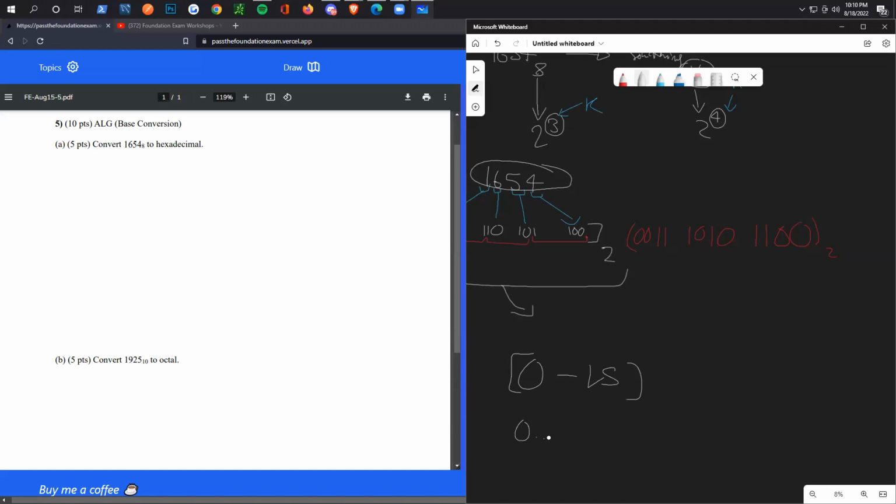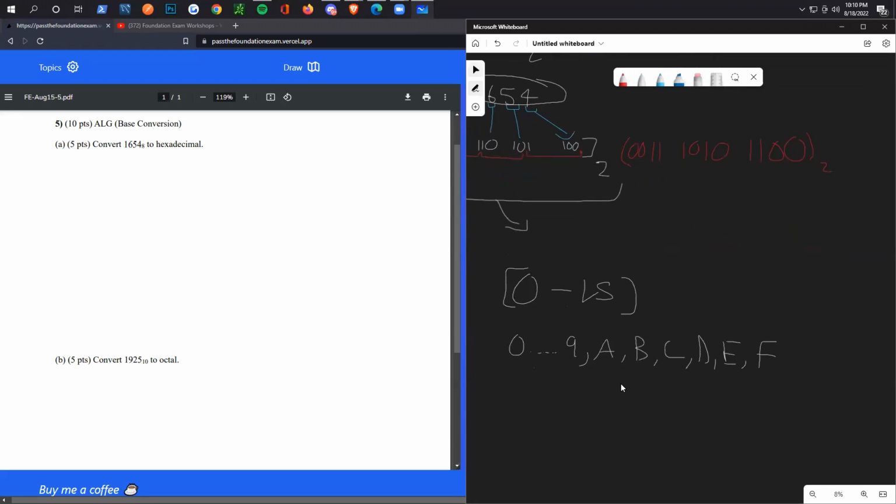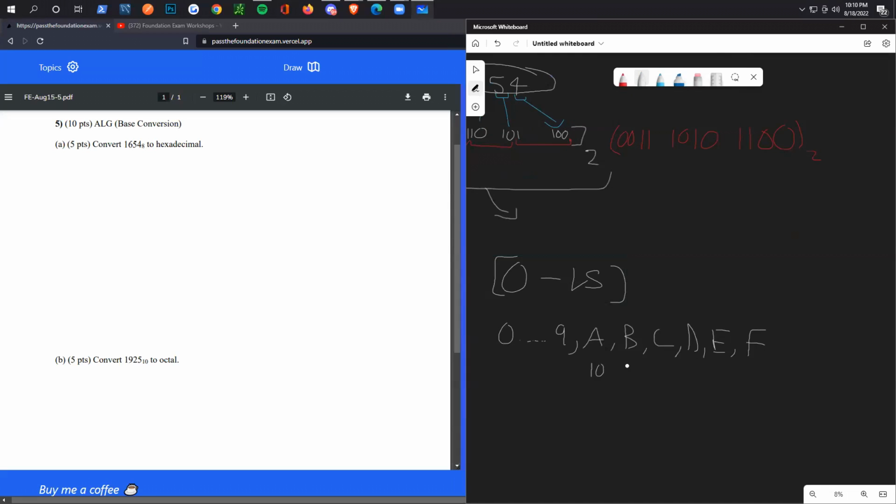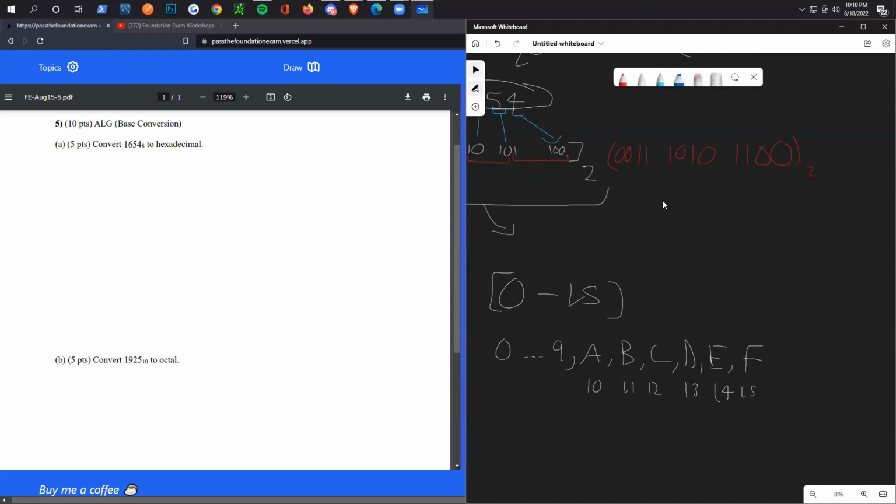Once you hit 9, so 0 to 9, after 9 it's going to start at A, B, C, D, E, F. This is representative of 10, 11, 12, 13, 14, and then 15. Now we're just going to take these red values and ask, what letter is this, what index would this be in hexadecimal? So we're going to take these groups of 4.